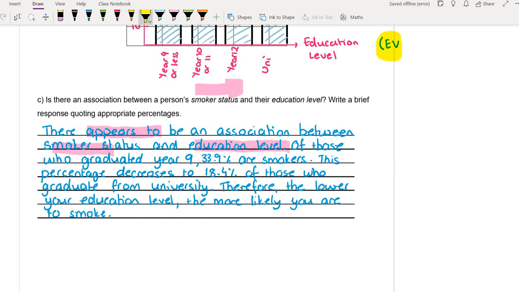So say when they graduated only year 9, this many are smokers, but it goes down or goes up depending on your data when you go up to university. And then come to a conclusion at the end saying what the association or the correlation is in this case.